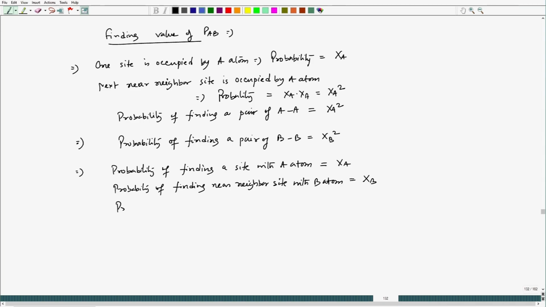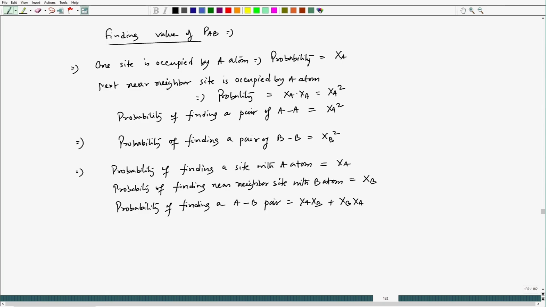Then the probability of finding an AB pair should be equal to XA XB plus XB XA.